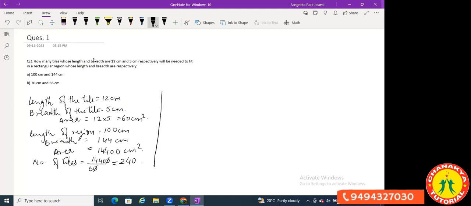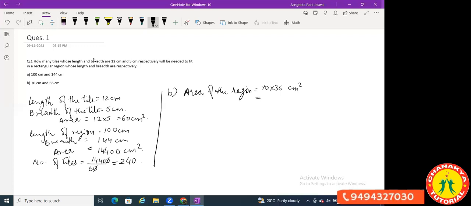Now, what is the question? See the area of the tile we have already found out. Now find the area of the rectangular region in the second part. In the B part, find the area of the rectangular region. Area of the region will be 70 into 36 centimeter square.